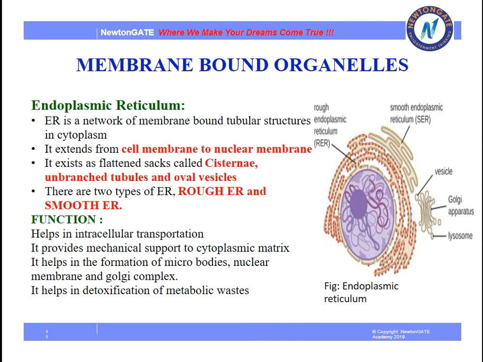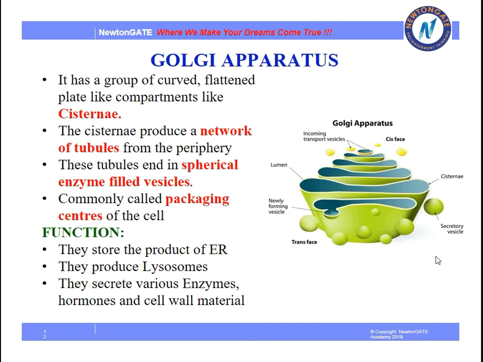There are two types of ER, that is rough ER and smooth ER. ER helps in intracellular transportation, provides mechanical support to the cytoplasmic matrix, and helps in the formation of microbodies, nuclear membrane, and Golgi complex. It helps in detoxification of metabolic waste.